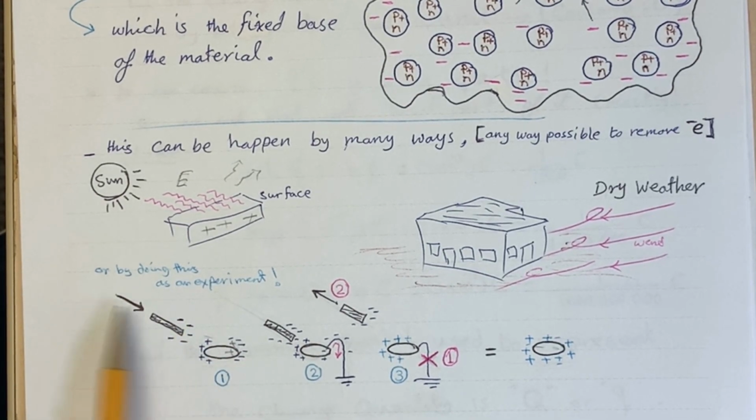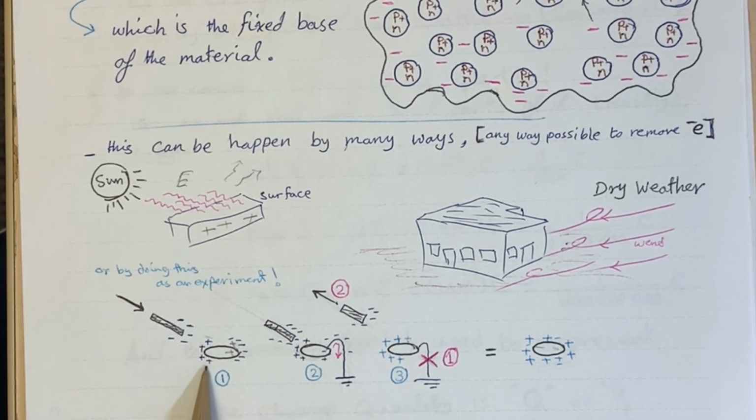Simply, if we remove this first object, then the negative charge will go back, and the second object will be neutral again without charging.